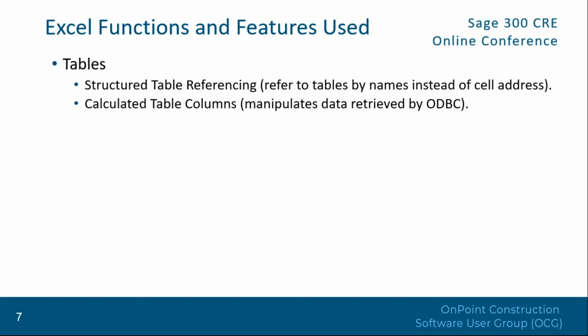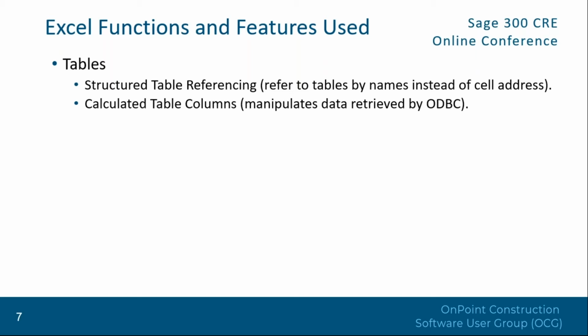It's a range that has a lot of built-in functions to it. And they let us do neat things. And one of the things that they let us do is something called structured table referencing, which lets us refer to tables by names and their parts instead of by a cell address.